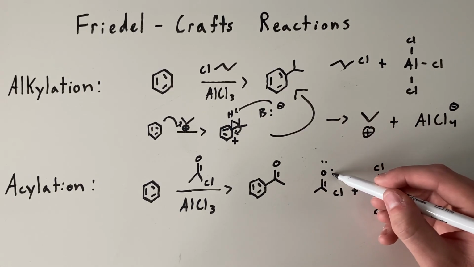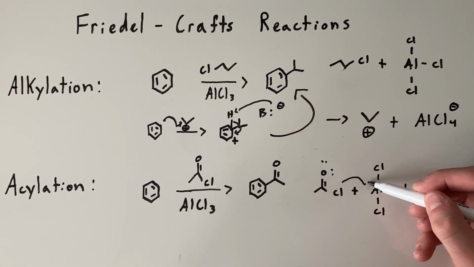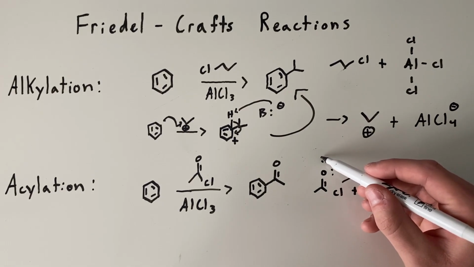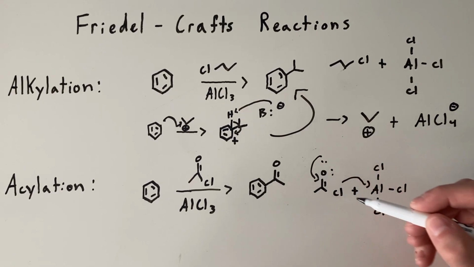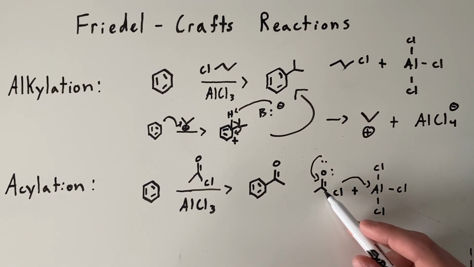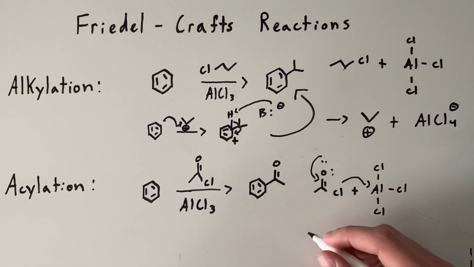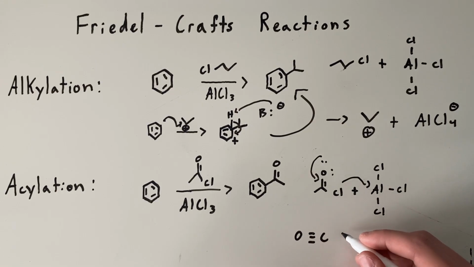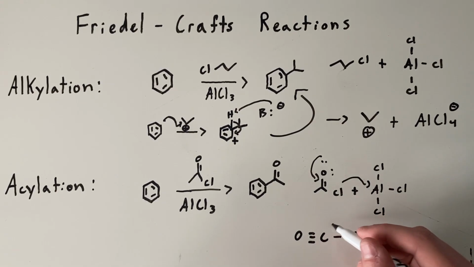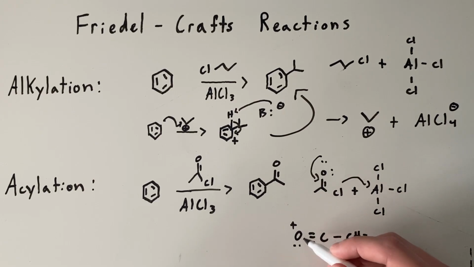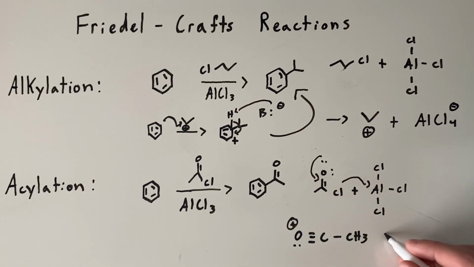So what will happen after our chlorine leaves is these pi electrons will come down to form a triple bond with this carbon in order to achieve that octet, and we'll be left with something called an acylium ion, where our oxygen actually has a plus charge, and of course our aluminum tetrachloride ion.